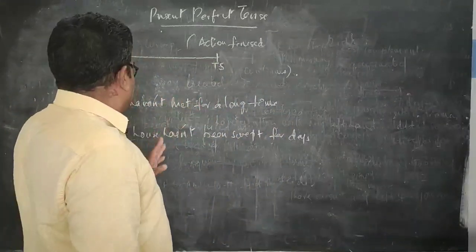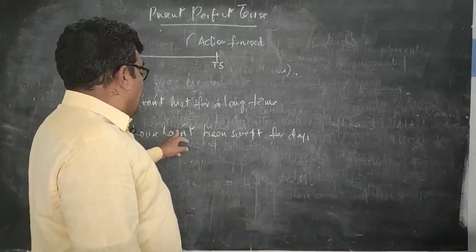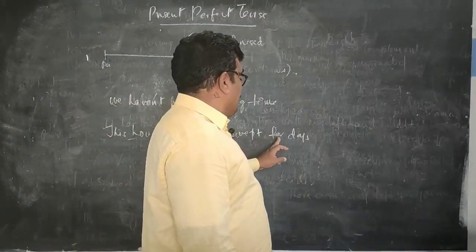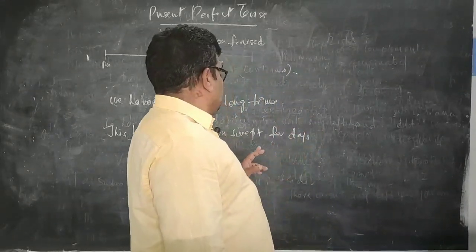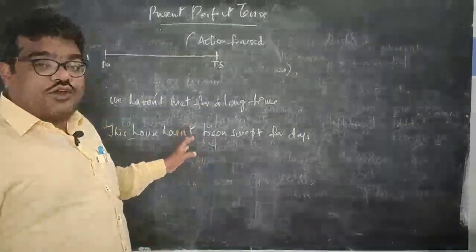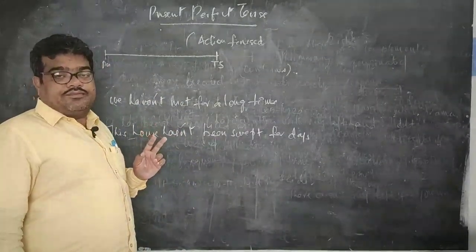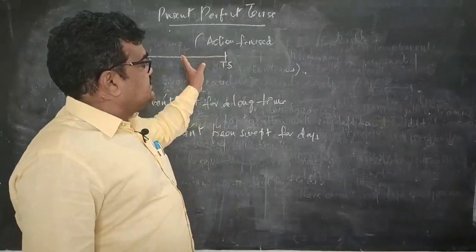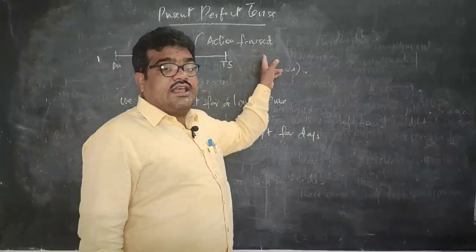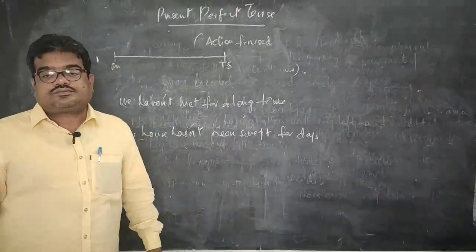Or now we met. Next, this house hasn't been swept for days. Presently, now I am cleaning. So, the action started in the past and completes at the time of speaking.